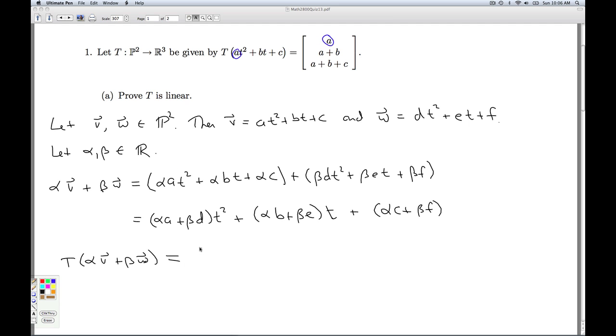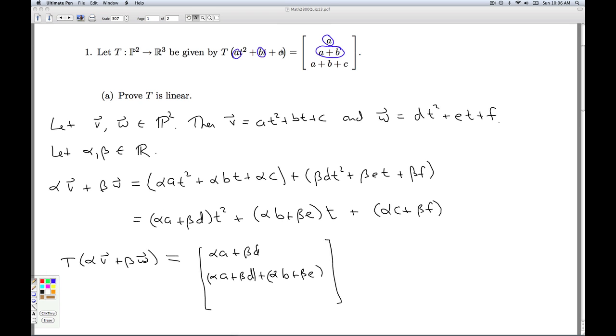So this is going to be the leading coefficient, alpha A plus beta D. Then I take the leading coefficient plus the coefficient of T, and that's what goes in the second slot.